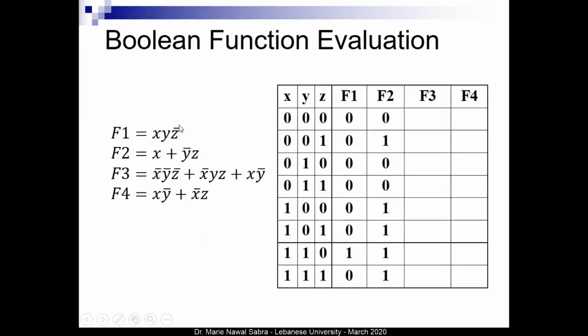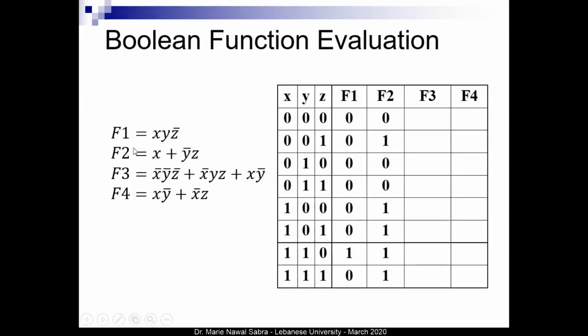Boolean function evaluation. Here we have an application. We have 4 functions. On the table, we have implemented the first 2, and we expect that you do the 2 others. So let me explain the first one, x y z bar. Every time x and y are equal to 1 and z bar is equal to 0, the function is equal to 1.